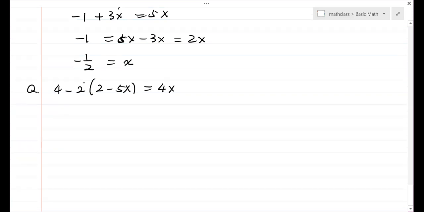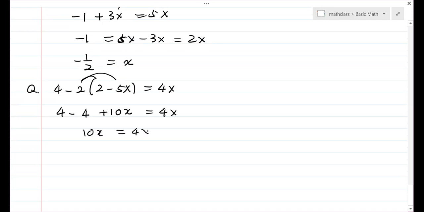All right, so step by step, right? 4, negative 2 times 2 is negative 4, right? And negative 2 times negative 5x is positive 10x. Negative becomes positive. Then it's equals 4x. That's the first step, right? So then the left-hand side is just 10x equals 4x.